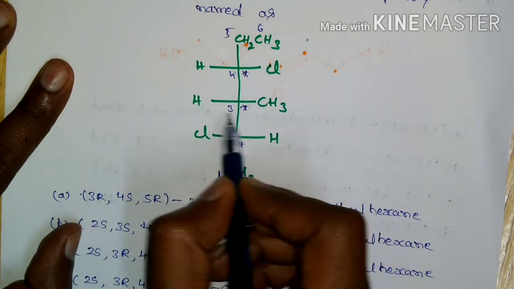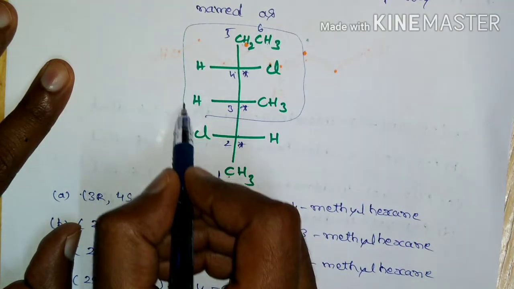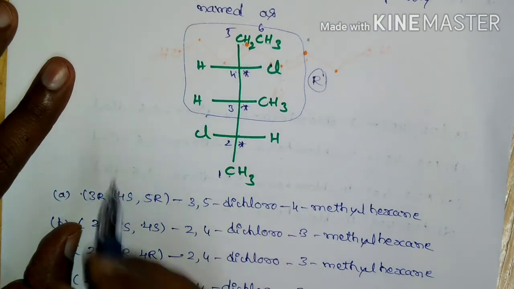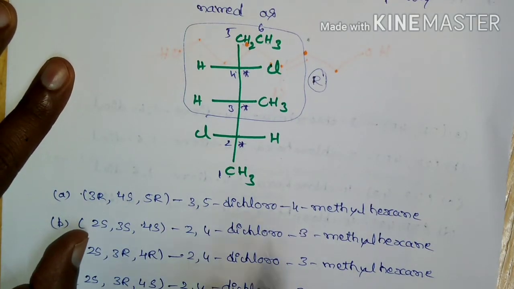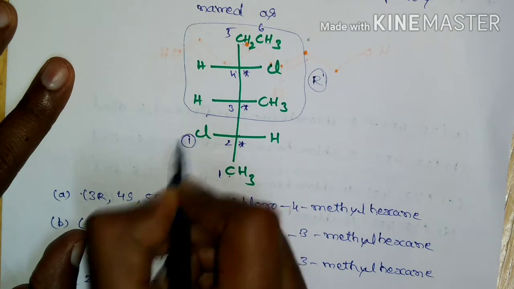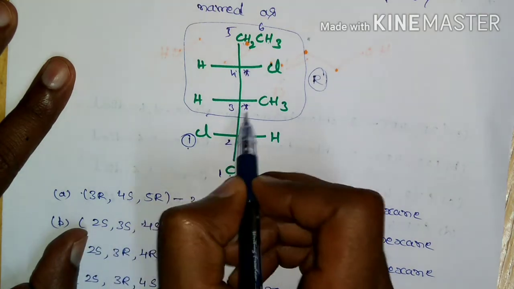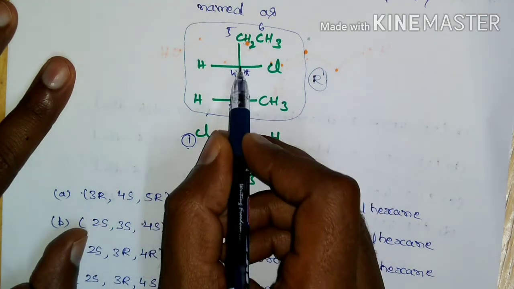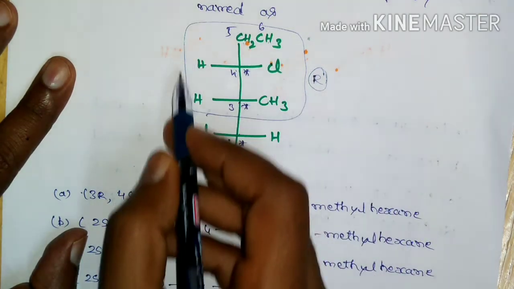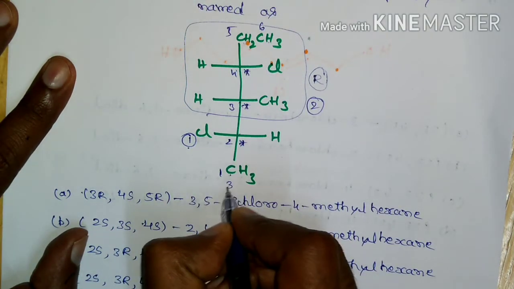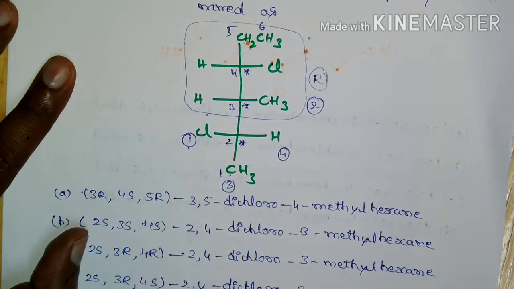So how to find the configuration? Now I am going to consider this as the R group, the bulkier group. Now I need to give the priorities. Always chloro, having atomic number greater than carbon, is going to take first priority, and this carbon, attached to carbon and hydrogen, is going to take second priority, this is third, and this is fourth.